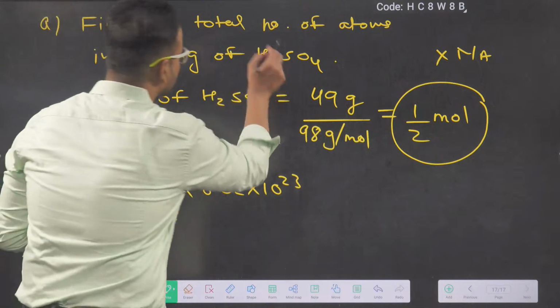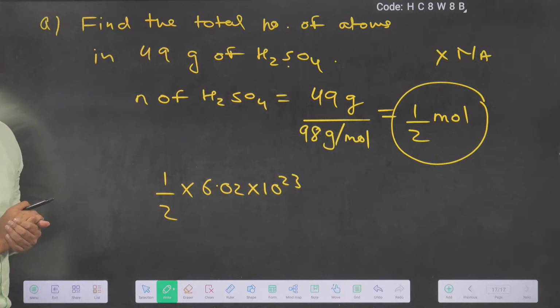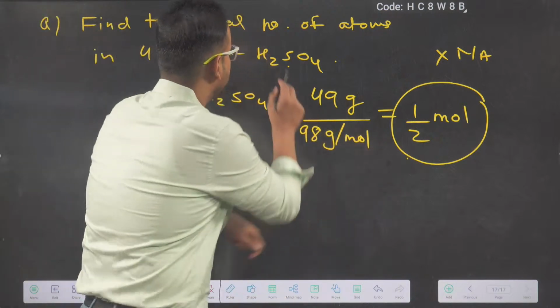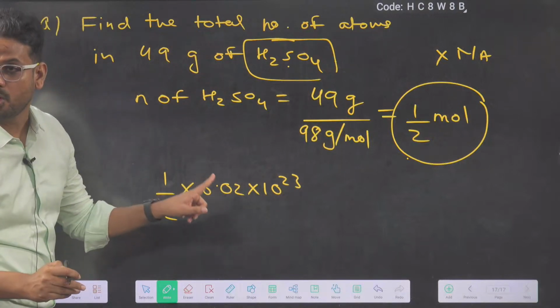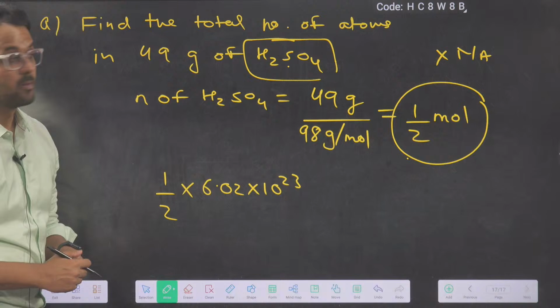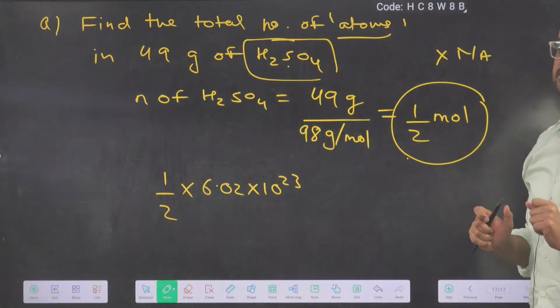Sulfuric acid is a molecule, not an atom. So half mole of sulfuric acid, half into Na will give me the number of molecules. But the question is asking for the number of atoms.